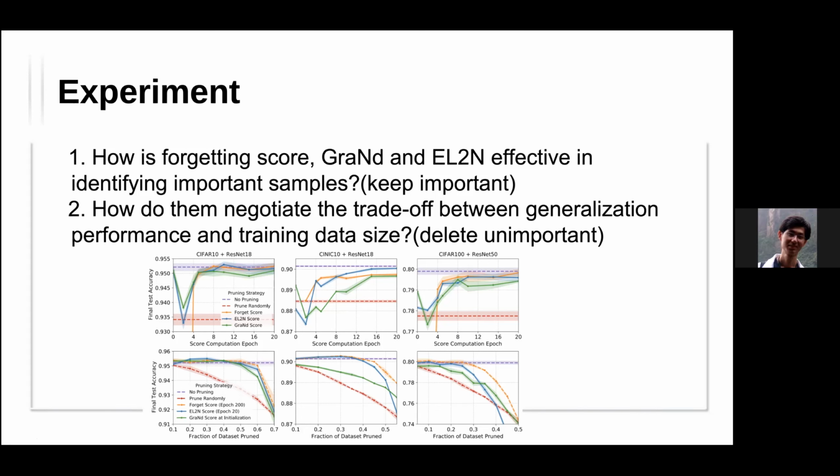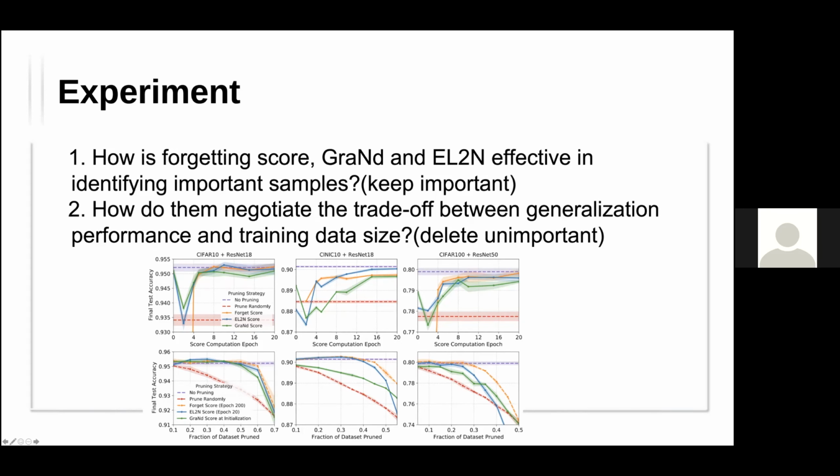And the average is the gradient score. Yeah. And the EL2N score is calculated in the early training stage. That means they train the model for like 20 epochs. And also they compare under different architectures.